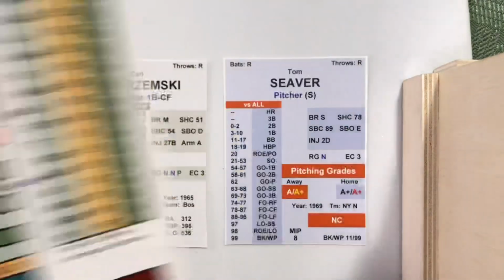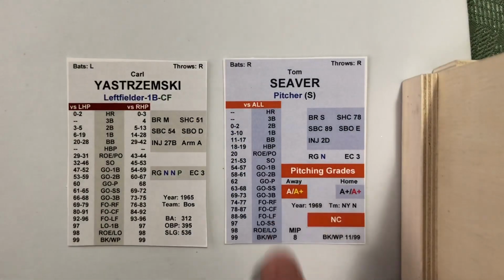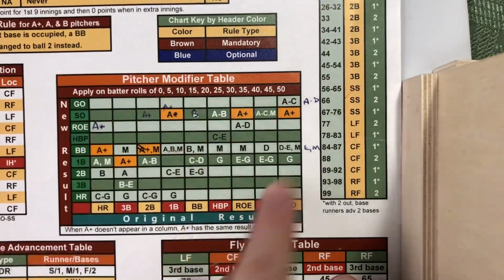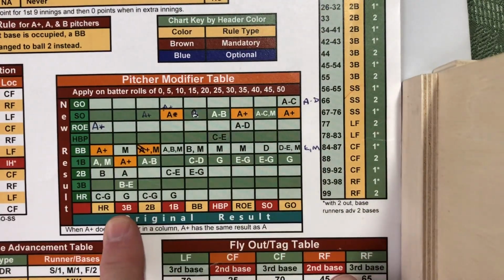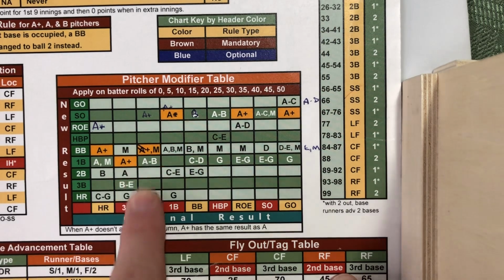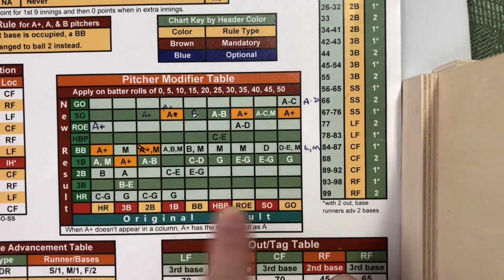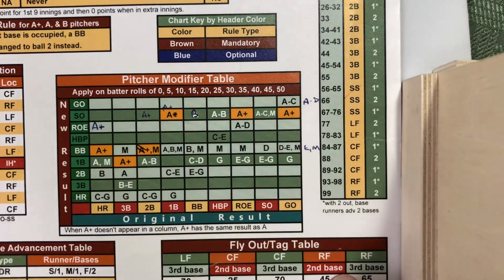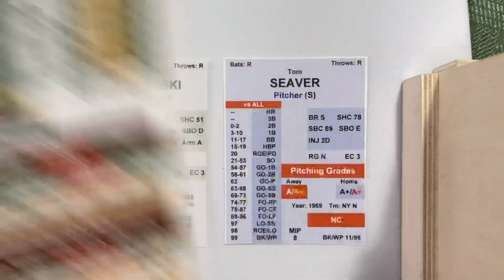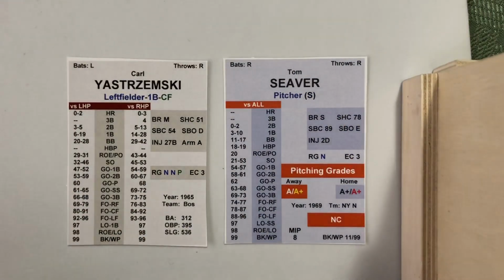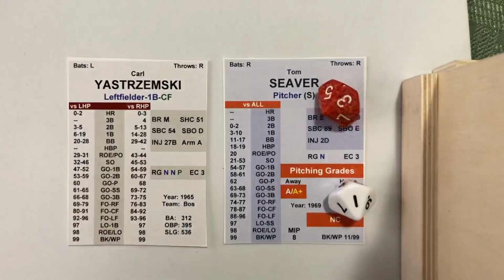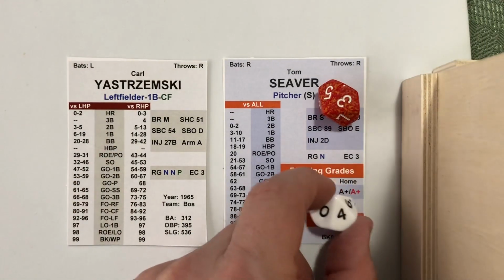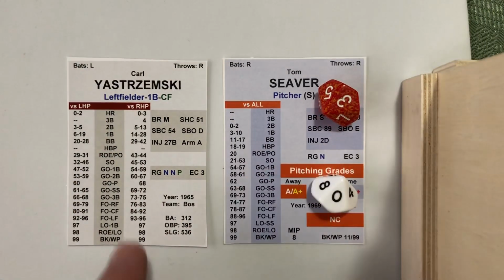And so with Seaver being an A pitcher on the road, we know that the letter we're looking to modify would be any of the A's on the chart. Simple enough. So, for example, if Yaz is at the plate, and I'm not going to roll the right way, so let's suppose that I roll a 30.